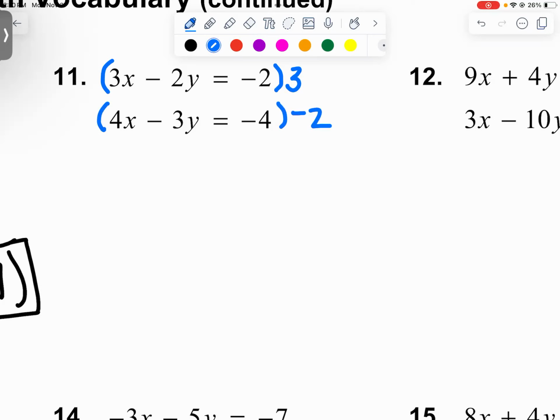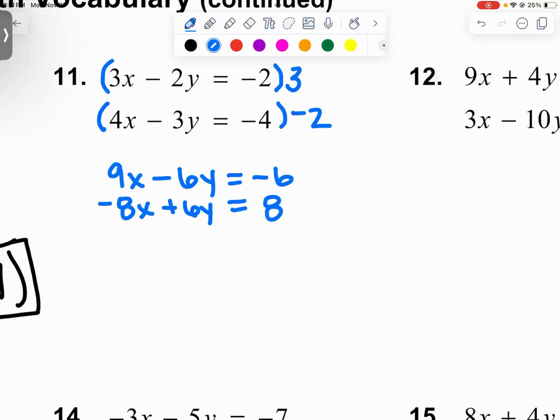If we multiply this equation by 3, then we would have 9x minus 6y equals -6. If we multiply the second equation by 2, we'd have -8x plus 6y equals +8.